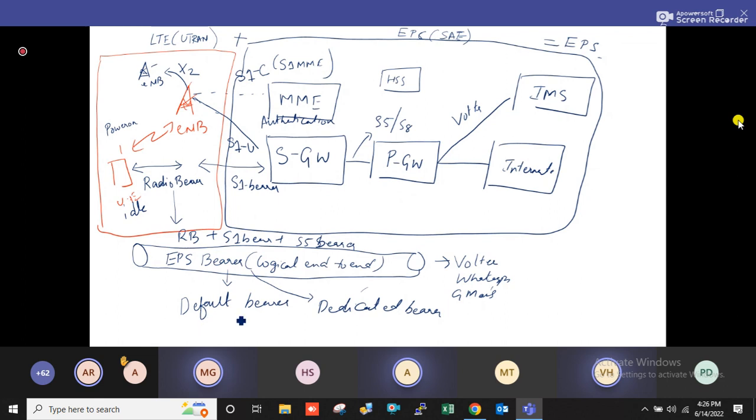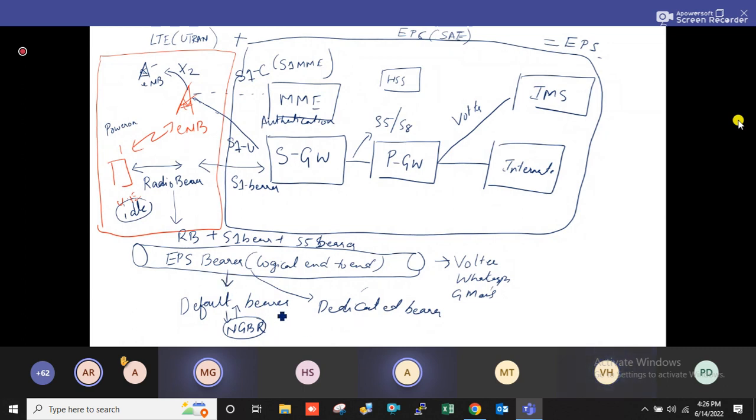So typically a default bearer will have something called NGBR. That means the bitrate is not fixed between UE and P gateway. Whenever you switch on your mobile and get into idle mode, we don't fix any data rate. So that's why we call this non-guaranteed bitrate, and we put all the users into something called default bearer. Okay. So remember this, the moment you switch on your phone, you will have an establishment of an EPS bearer, and typically it will be a default bearer.